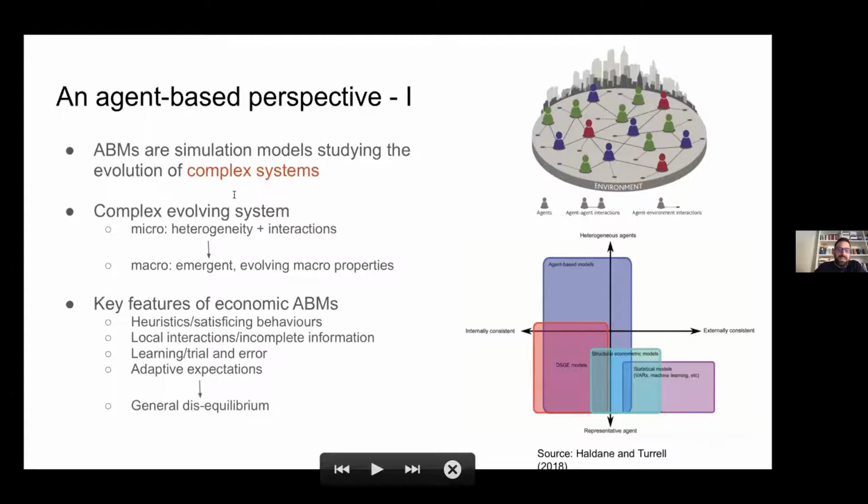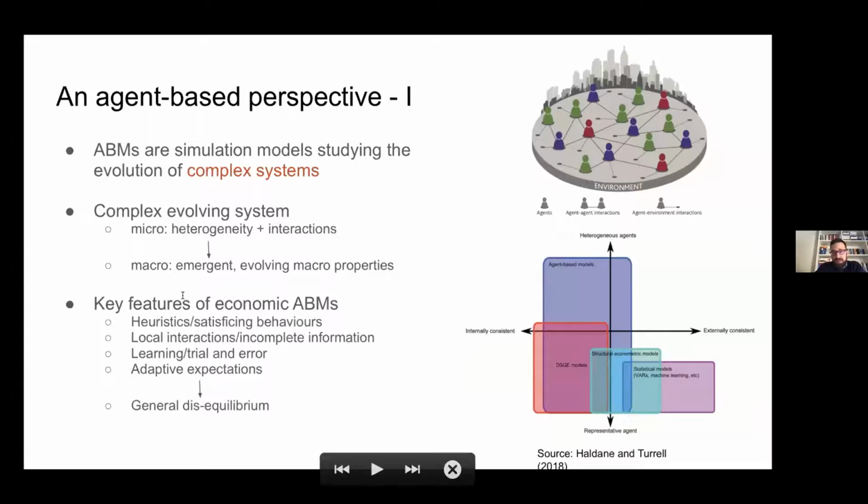And these systems are usually referred to as complex systems because you have a sort of lack of symmetry between the micro level and the macro level. So the kind of properties that characterize the behavior of agents at the micro level are not useful in order to understand what happens at the macro level. And this is why we have to simulate these models a lot. So what I'm presenting you are results from extensive simulation experiments where there is basically no optimization. And we study the properties of the system under the different scenarios.